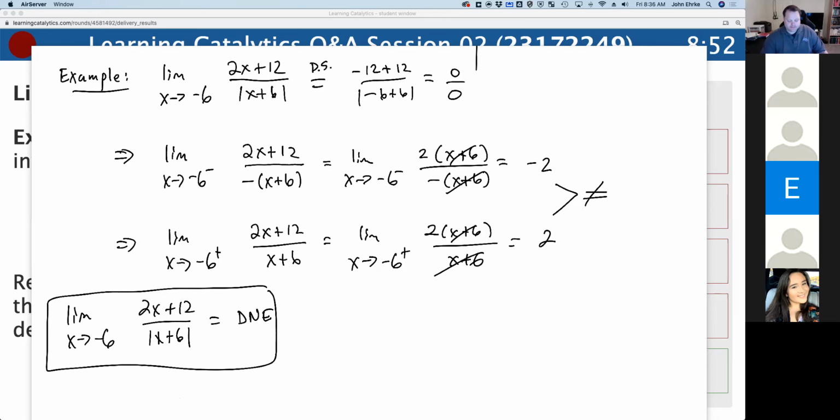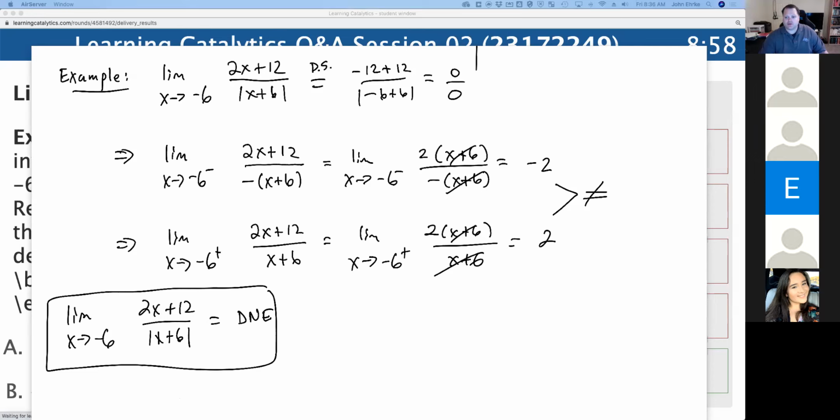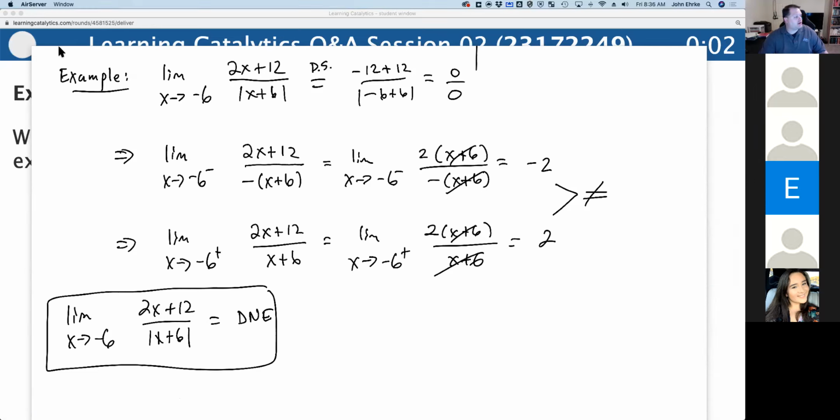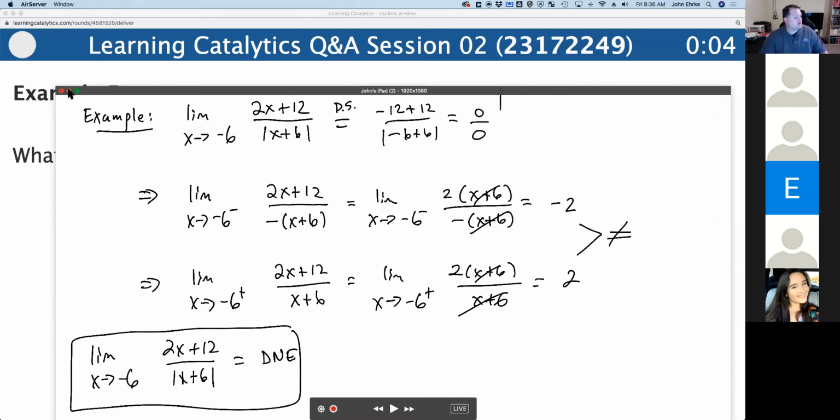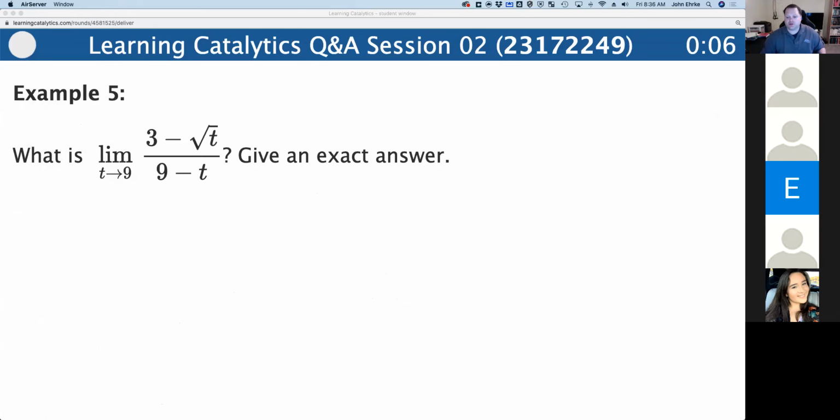All right. Let's look at another example. All right, so we've already touched on how to do one like this. So I shouldn't need to tell you anything here.